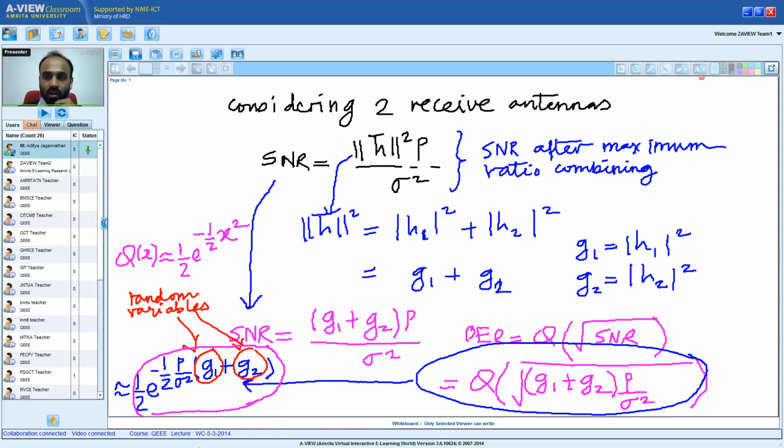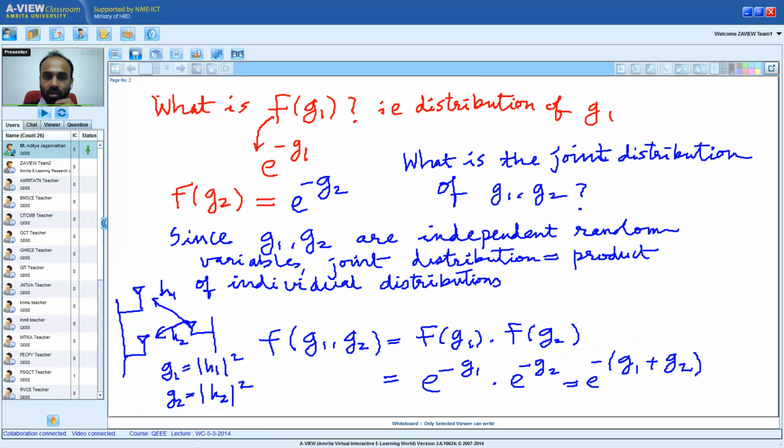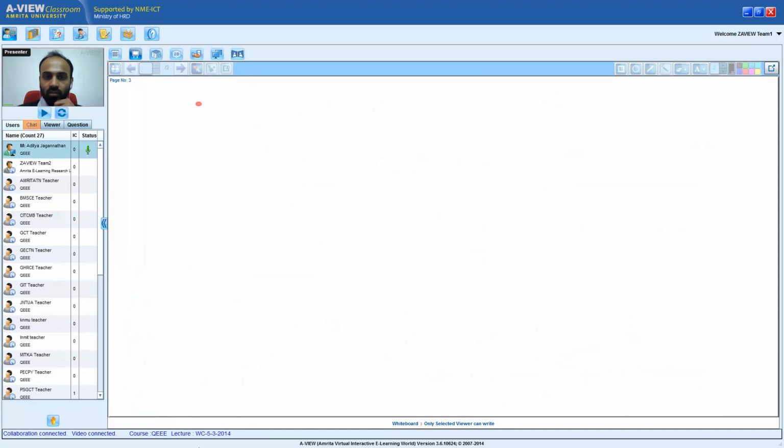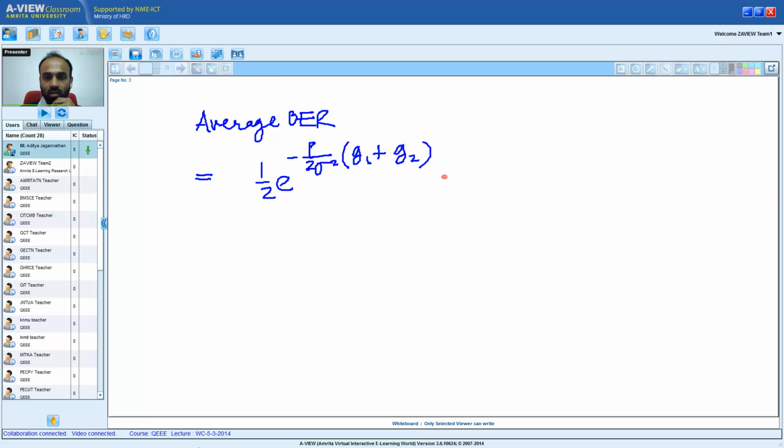Therefore the average bit error rate equals the integral of half e to the power of minus P over 2 sigma square times (G1 plus G2), times e to the power of minus (G1 plus G2), into p of G1, G2, dG1 dG2.